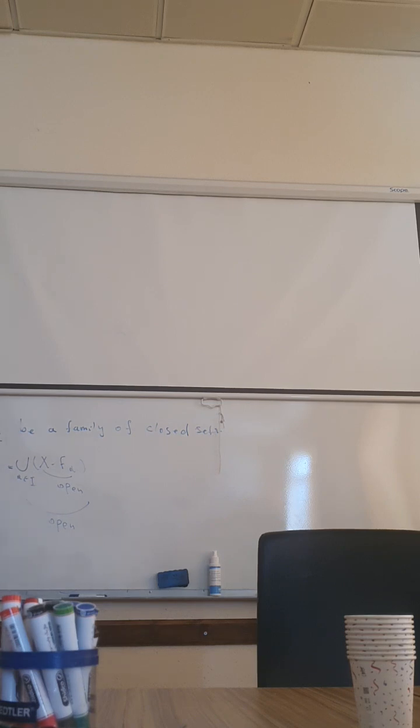This is equal to this. This shows that this intersection must be closed, since its complement is open. So for any family of closed sets, the intersection of this family must be closed. And that is the proof of D.